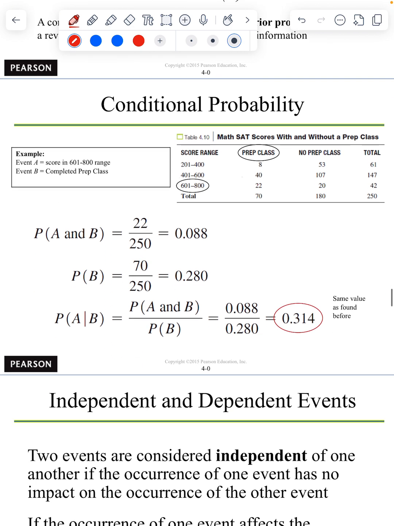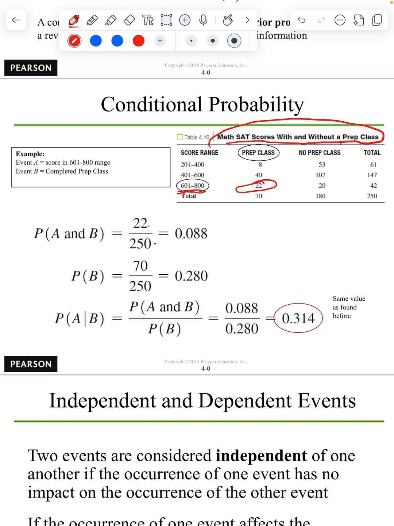let's look at this. For example, I'm looking at math SAT scores with and without a prep class. So here I've got my prep class, here no prep class, and so forth. With this particular example, I had 22 students that had taken the prep class that scored 601 to 800. So in event A, you take 22 over 250 total, because I'm looking at math SAT scores with and without prep.